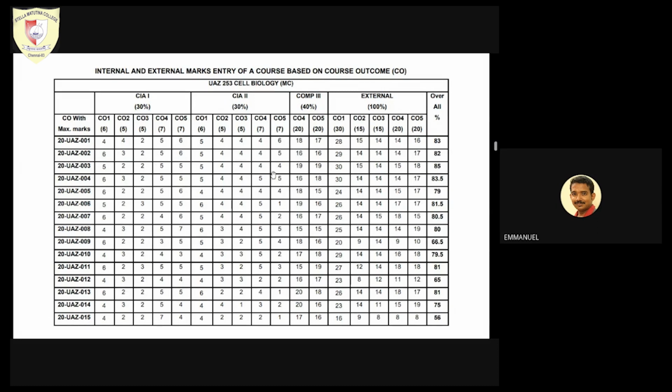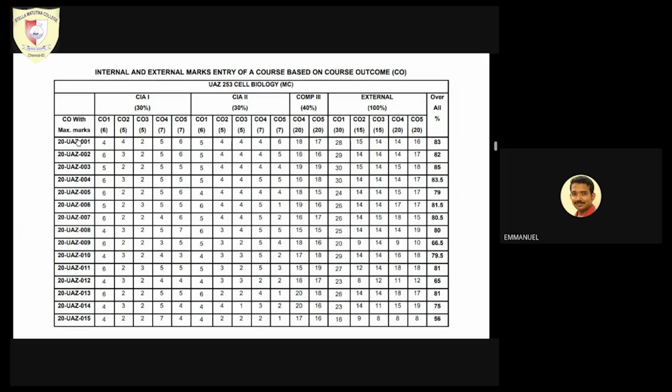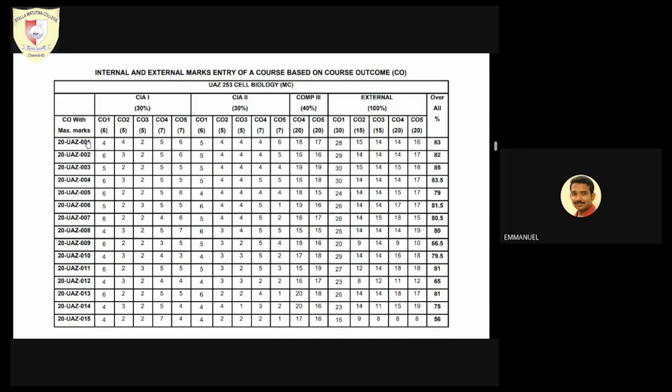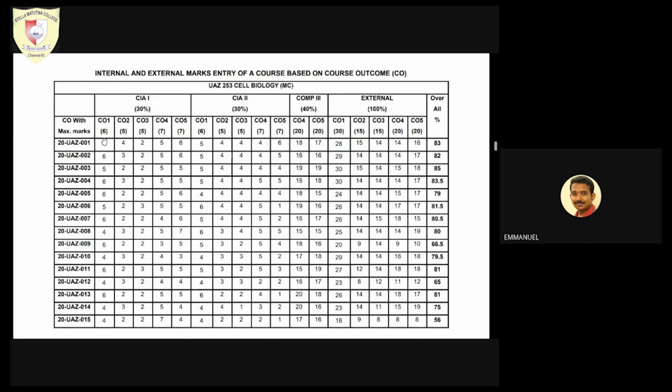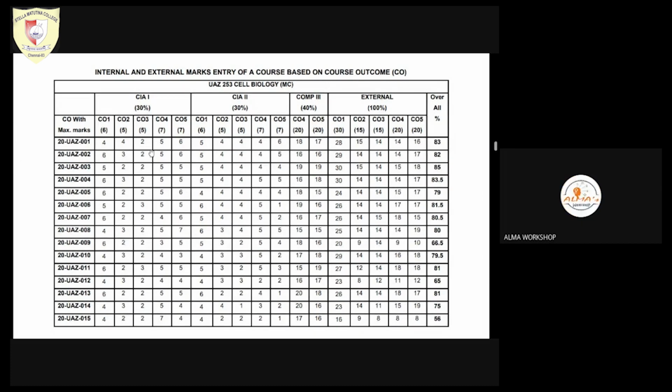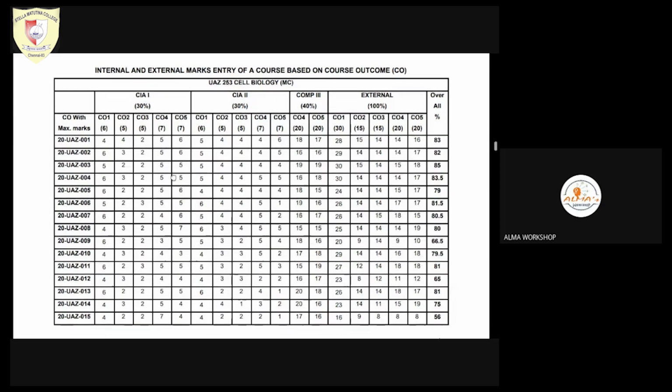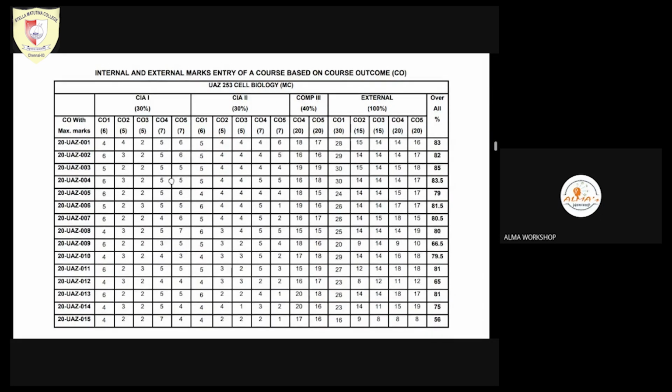The first column gives the student's department number. In CIA 1, out of 6 marks he had attained 4 marks, out of 5 marks he had attained 4 marks. But for the previous batch, you would not have considered CO1, CO2?